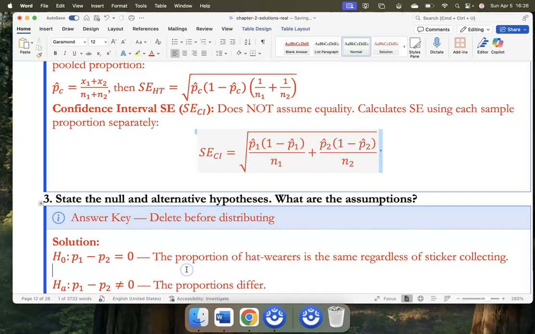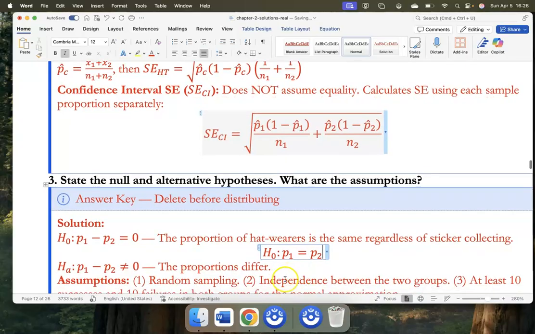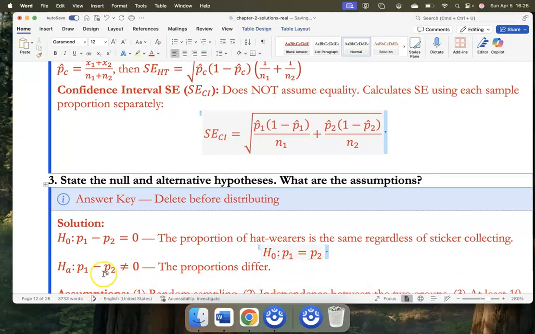Or in other words, P1 is equal to P2. And then the alternative hypothesis can also be written in the same manner, that it's not equal to.